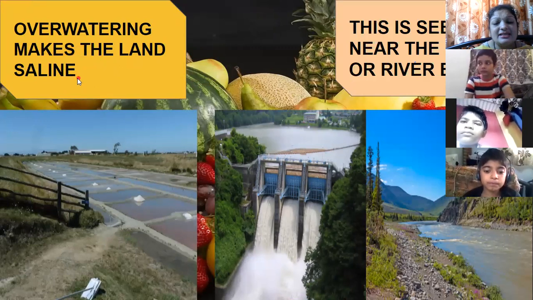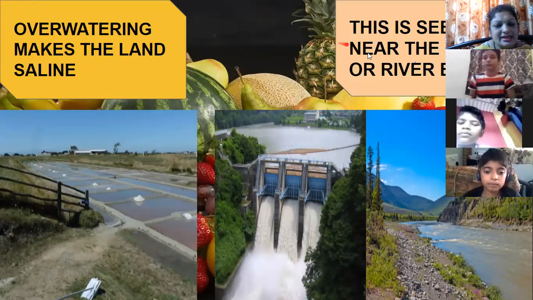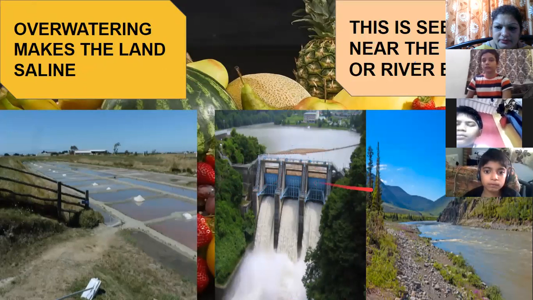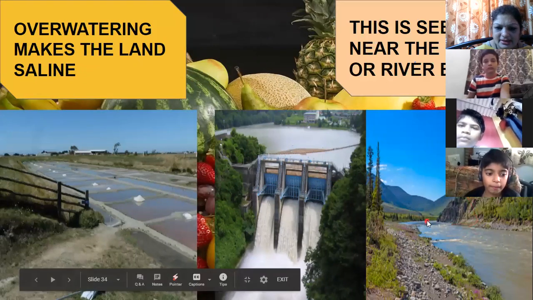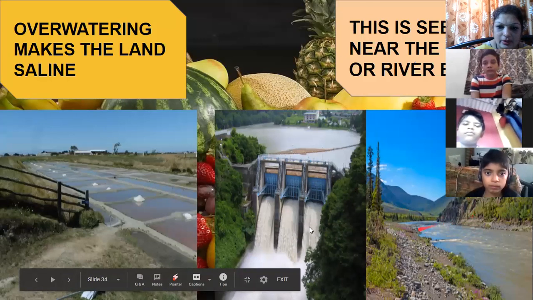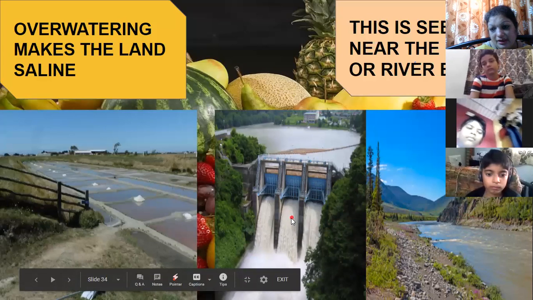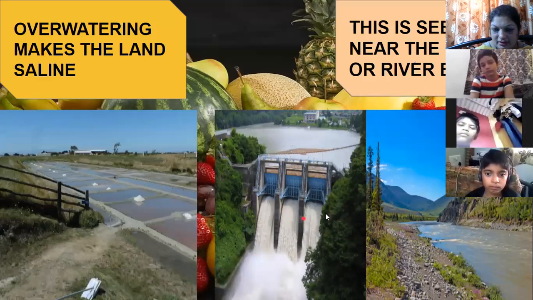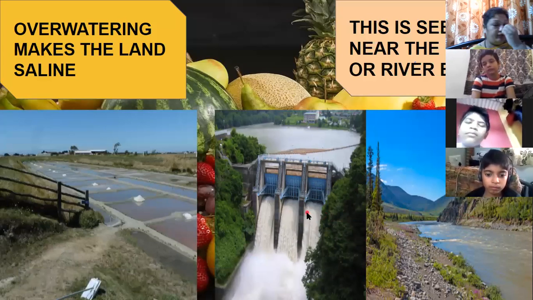Overwatering makes the land saline. This is seen where you can see dams and river banks. The quantity of water is much more, and that's why you will have saline water. So the production will be less over there. So if you are planting a sapling, don't overwater your sapling, it will die.